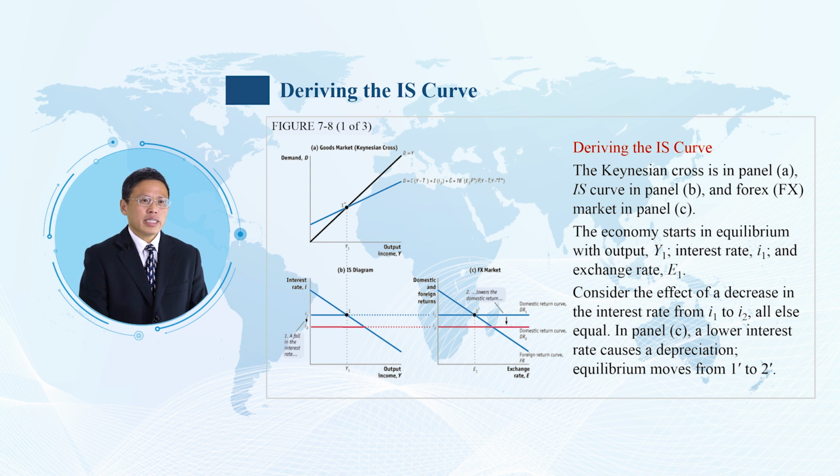The Keynesian cross is in Panel A, the IS curve in Panel B, and the foreign exchange FX market in Panel C.